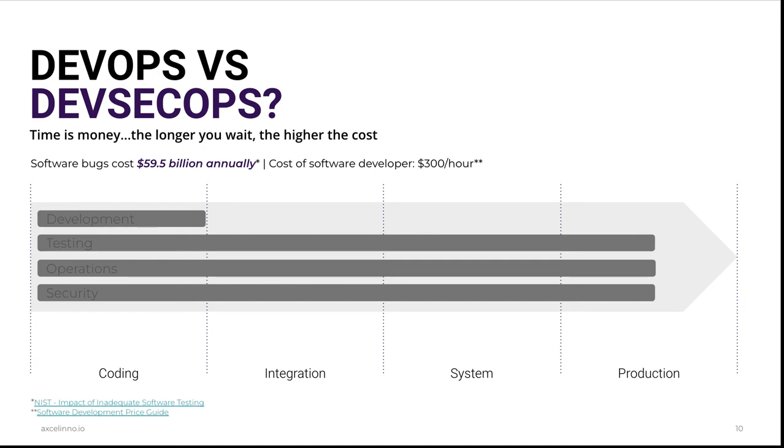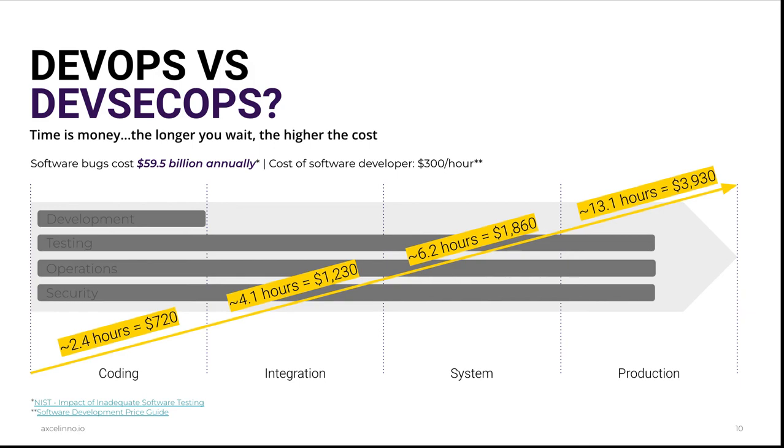Then you look at the average cost of a software developer across the different stages: coding, integration, system, and production. Where do you find issues? What's important here is that these are not only application defects, but also security defects. The question is, the later I find it, what's the impact?